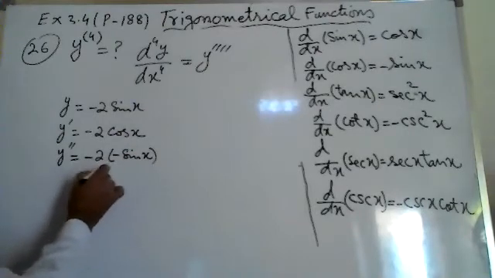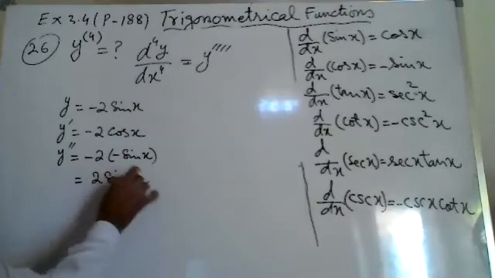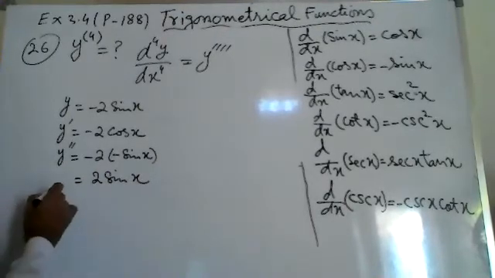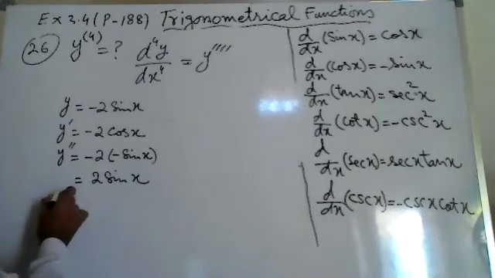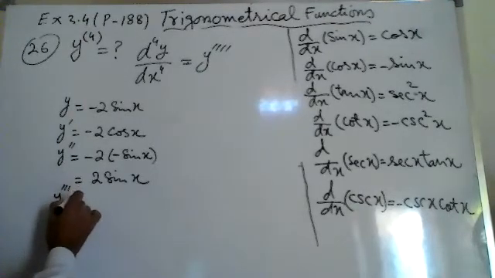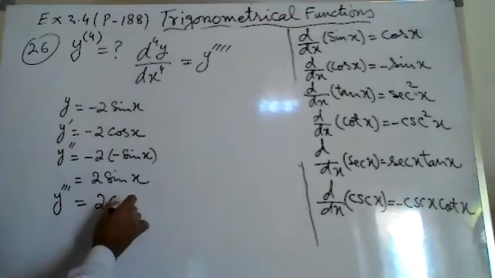This is minus minus plus 2 sine x. Then the third derivative, y triple dash, or we may write y raised to power 3 within the bracket: 2 is constant, the derivative of sine will be cos x.